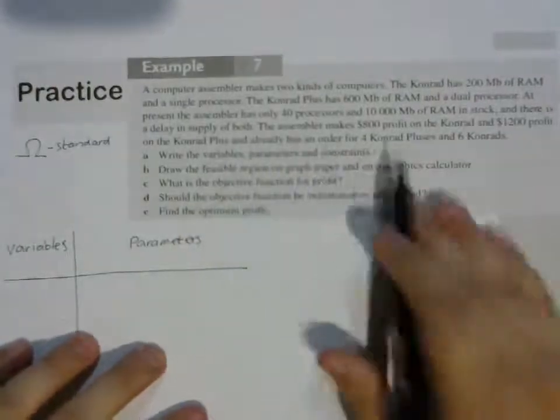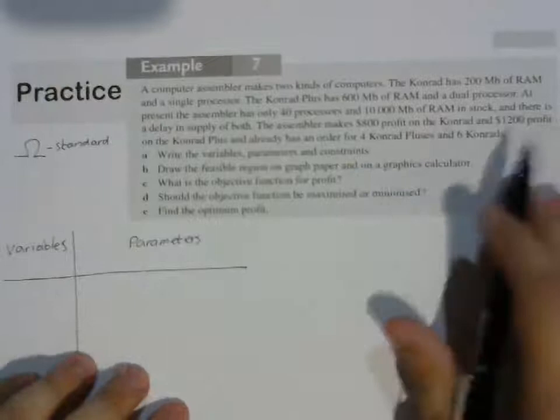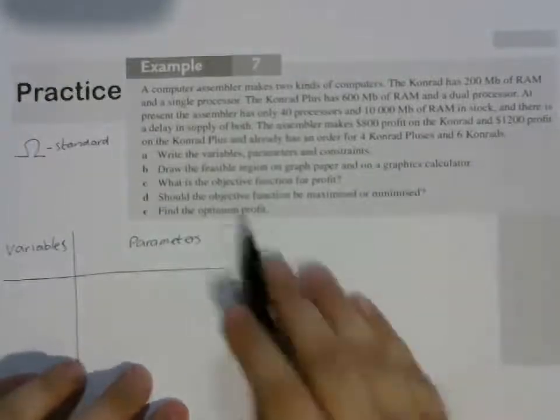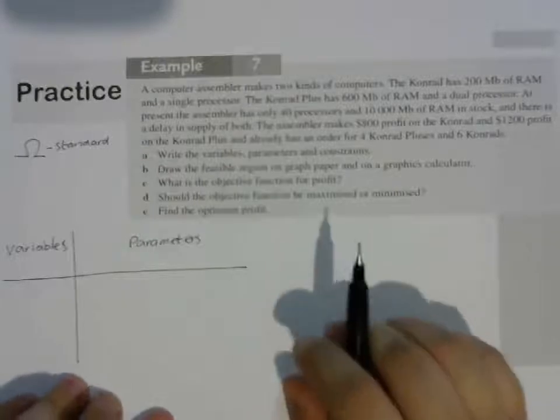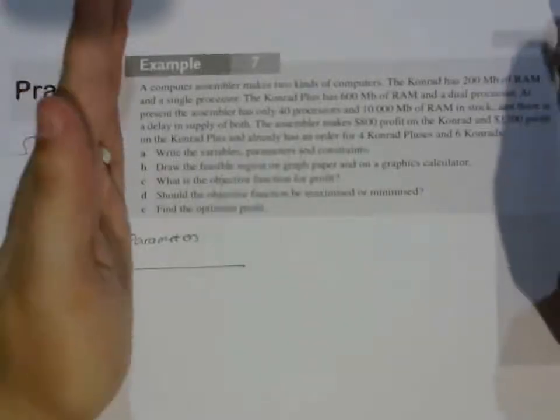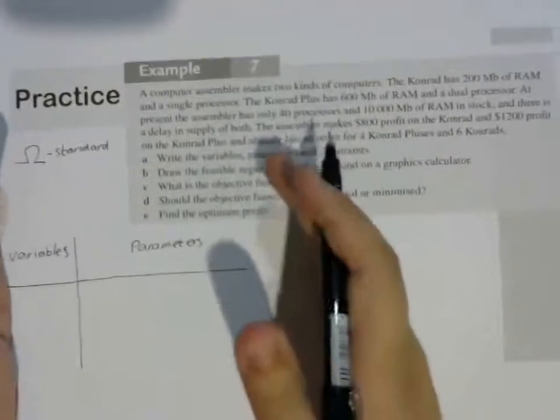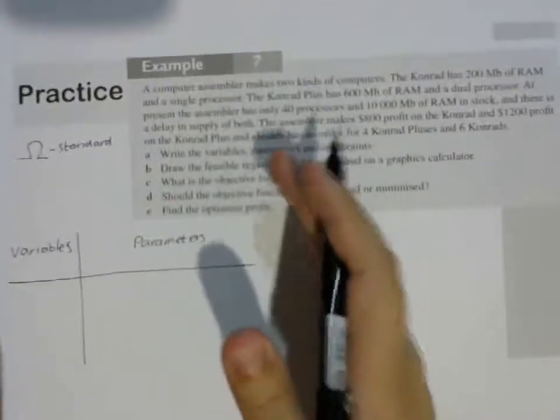The assembler makes $800 profit on the Conrad and $1,200 profit on the Conrad Plus, and already has an order for 4 Conrad Pluses and 6 Conrads. We're going to take all of this information and sort it out into our variables, parameters, and constraints table. And that is really the hardest part of this question.